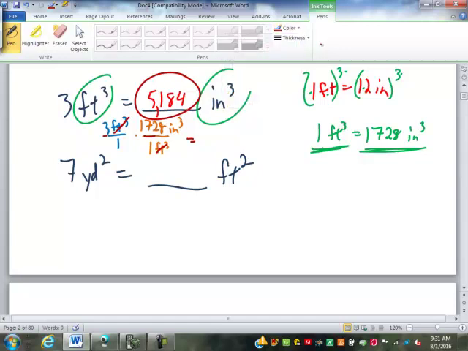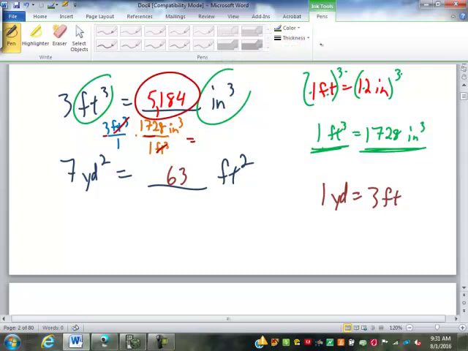How about for the second one? 7 square yards going into square feet. 81, you're saying? Something seems just a little off there. 63 sounds better. I think that's what you were shooting for. You just multiplied wrong. 1 yard equals 3 feet.